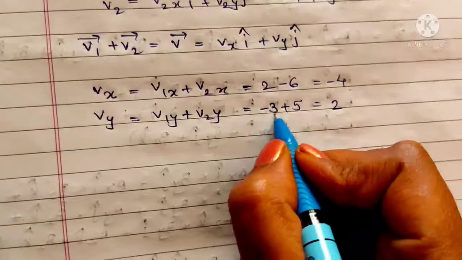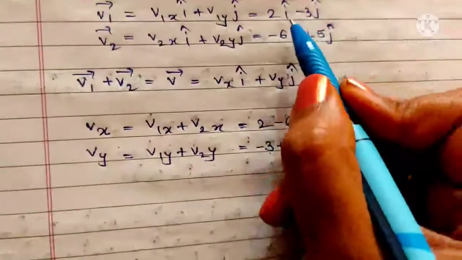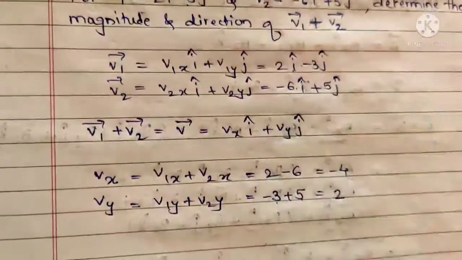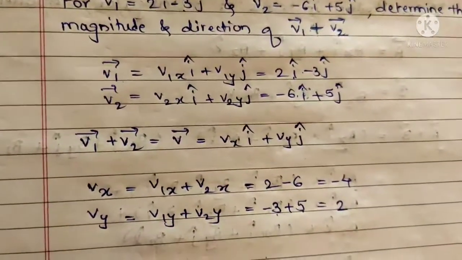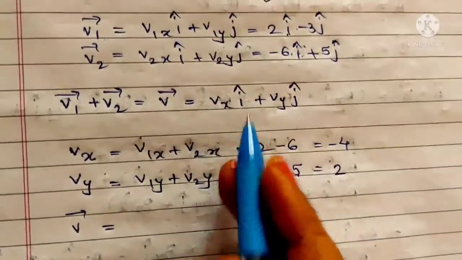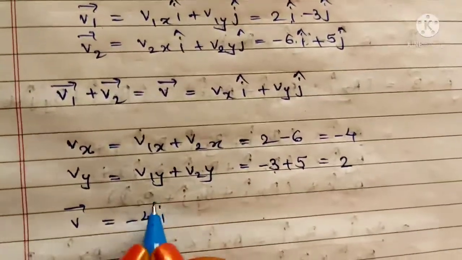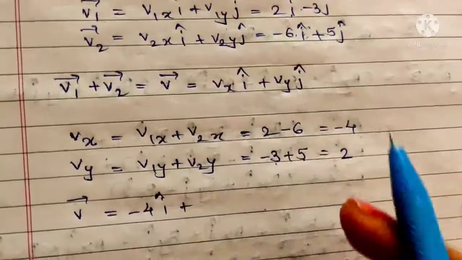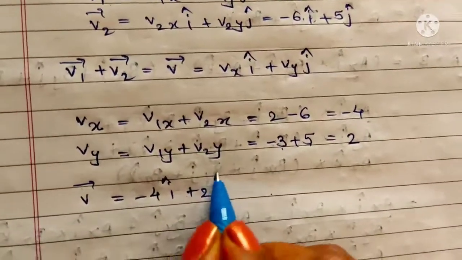This 2, 6, minus 3, 5 can be taken from the above equations. So we may find v bar is equal to vx i cap, that means minus 4 i cap, plus vy j cap, that means 2 j cap.